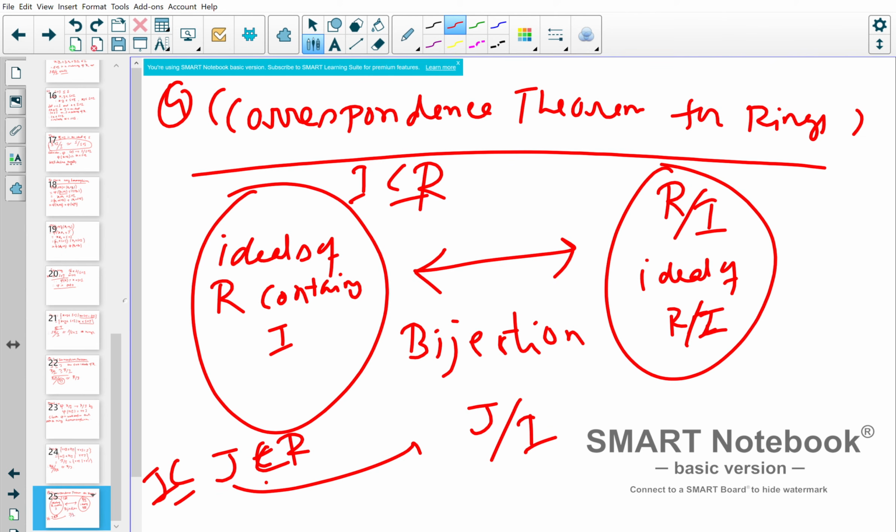And conversely, if you choose any ideal of R mod I, then you take the full preimage of that thing. That will be an ideal containing I. So this is a bijective map.